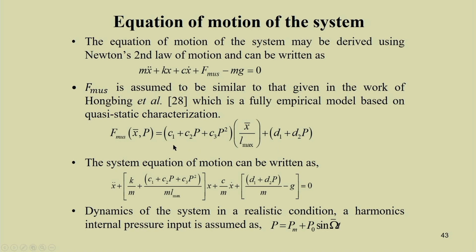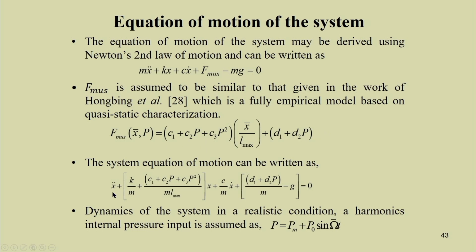The C1, C2, C3, D1, D2 can be obtained by performing direct experiments. You can get all these system parameters, then write F muscle in this form.